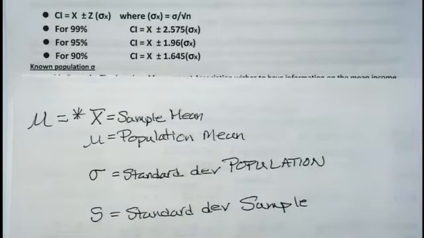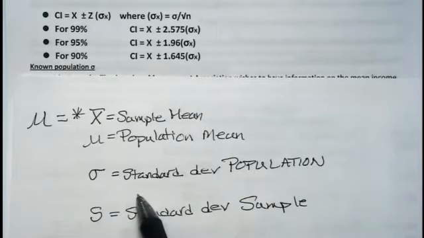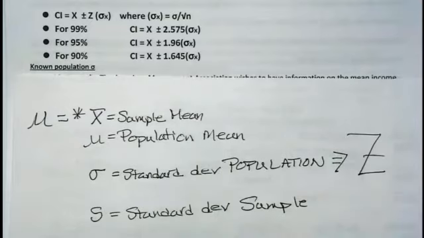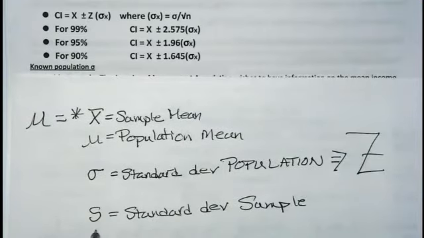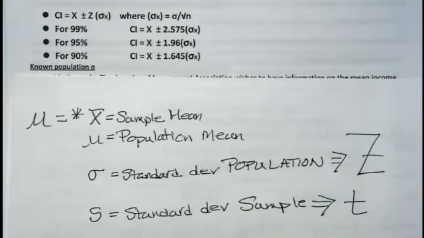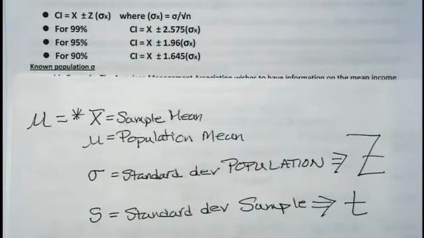If in the problem I say the population standard deviation is 5, for example, you will use the Z table or critical Z values. If I say in the problem the sample standard deviation is 2, you need to go to the T table. Those are two critical rules you have to remember.